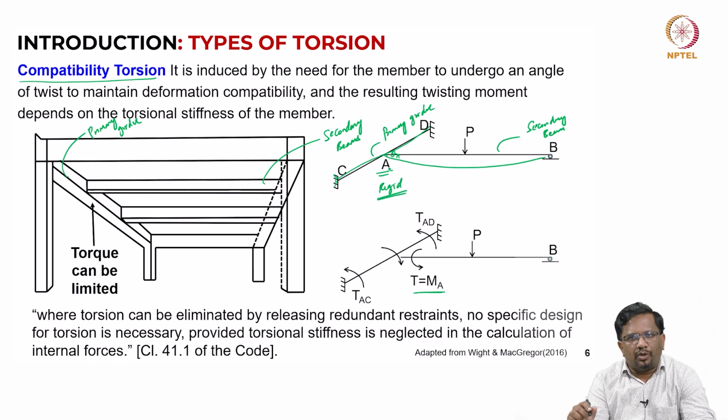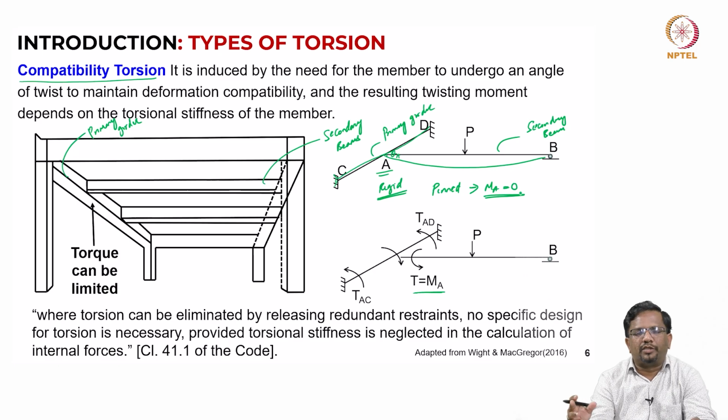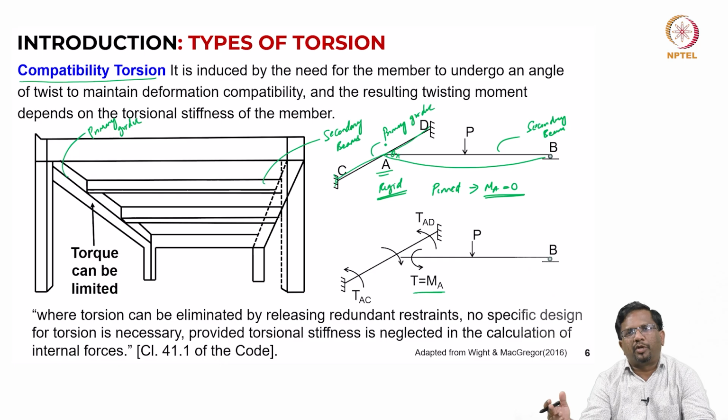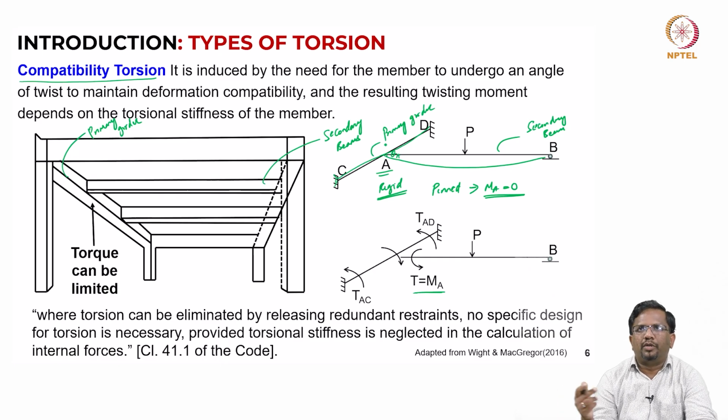If I make joint A a pin joint, which is going to allow rotation, then you will find that MA will become 0, or let us say small, up to the cracking torque it will develop, and then it will lose its stiffness. So, depending upon whether the joint is rigid or pinned, and depending upon the detailing that we provide in the joint, I can control the amount of twisting moment transferred. That is what I am saying.